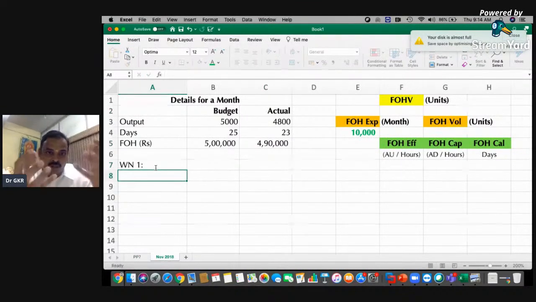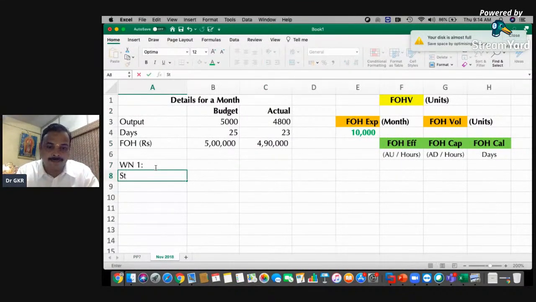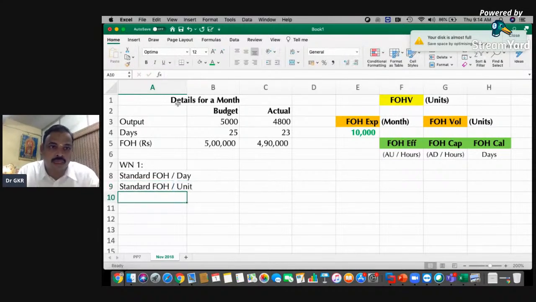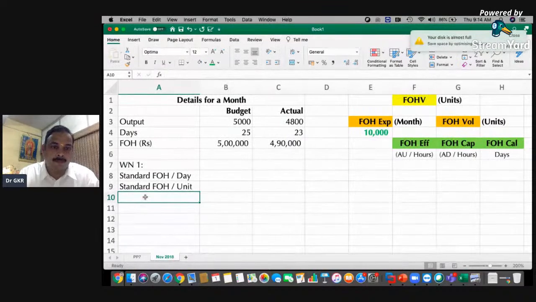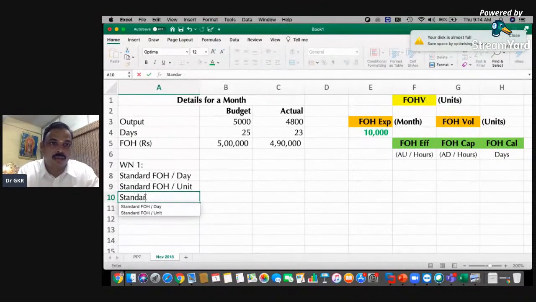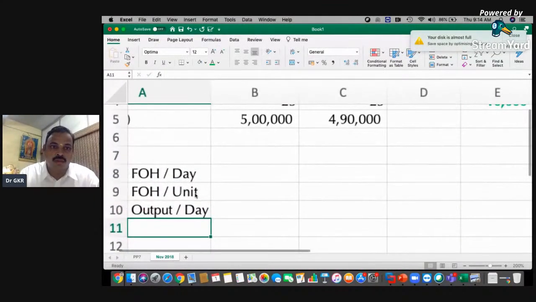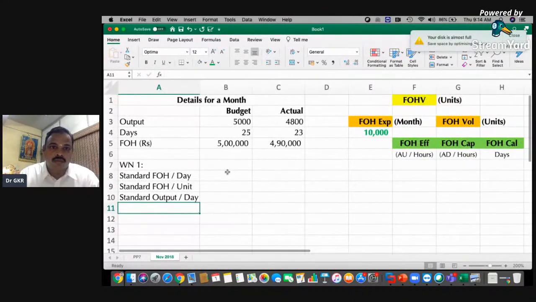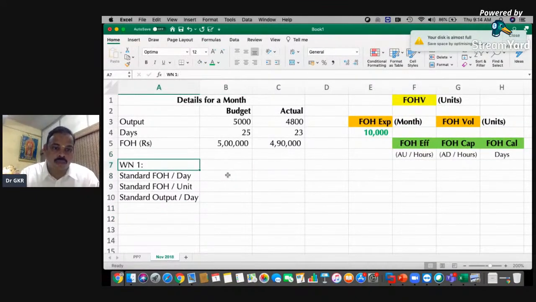Remember to find out all the per unit standard. What is the standard fixed overhead per unit, and what is your standard output per day? Let us find that one by one.